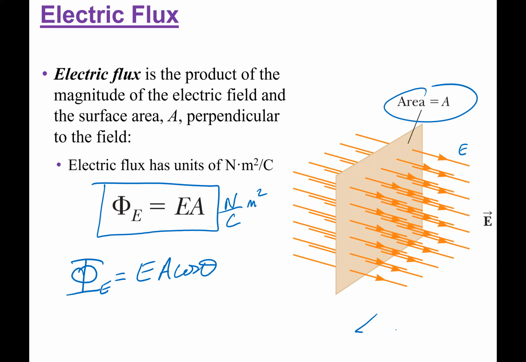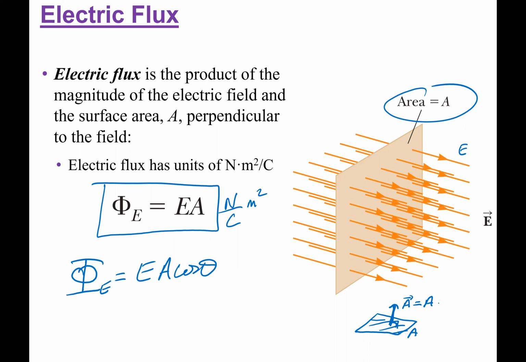Let's say you have this area, and this area has a vector that is perpendicular to the area. Let's call this vector A. So vector A has a magnitude equal to the area itself. Its magnitude is the area of the surface we're considering, but its direction is perpendicular.